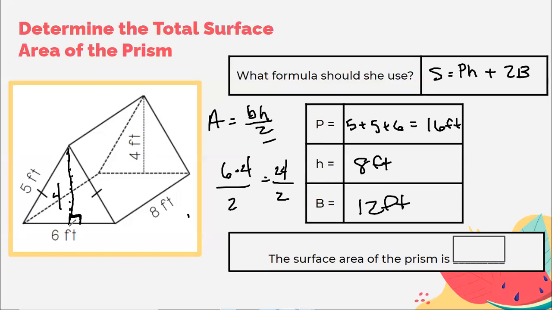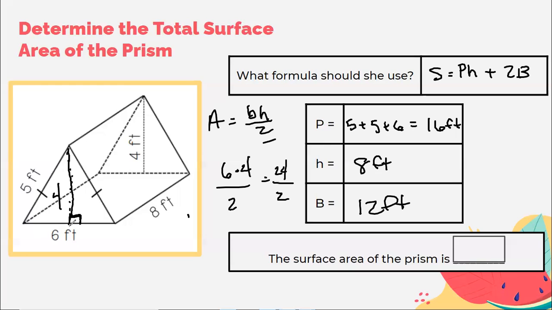The formula for finding the area of a rectangle is base times height. The formula for a triangle is base times height divided by 2, because a triangle is just half of a rectangle. So you just divide whatever you got by 2. You know what I mean?